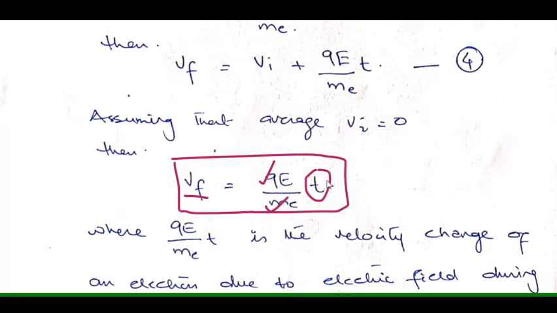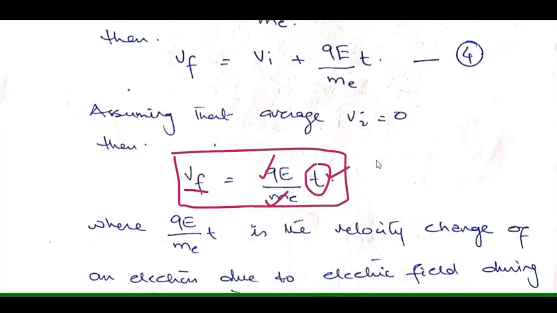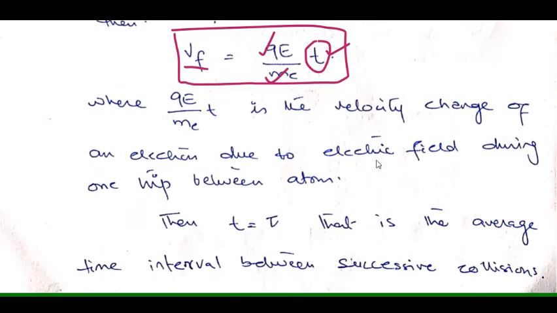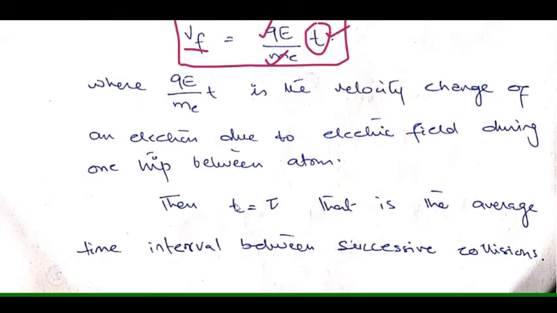And this time will be the relaxation time between collisions. If the relaxation time, or the time between two collisions, increases, the drift velocity will also increase. So the drift velocity depends directly upon the electric field as well as the time between the collisions.